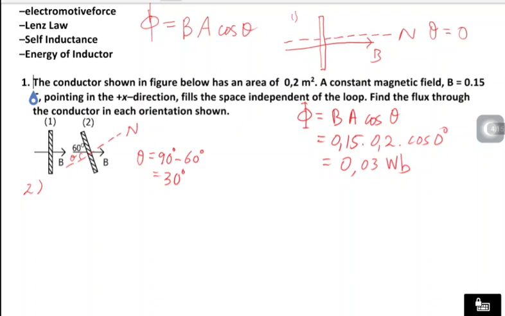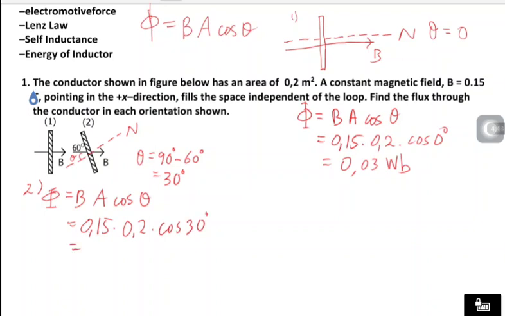So we calculate the flux in picture number 2. Flux is B A cosine theta. B is 0.15, A is 0.2, cosine 30.